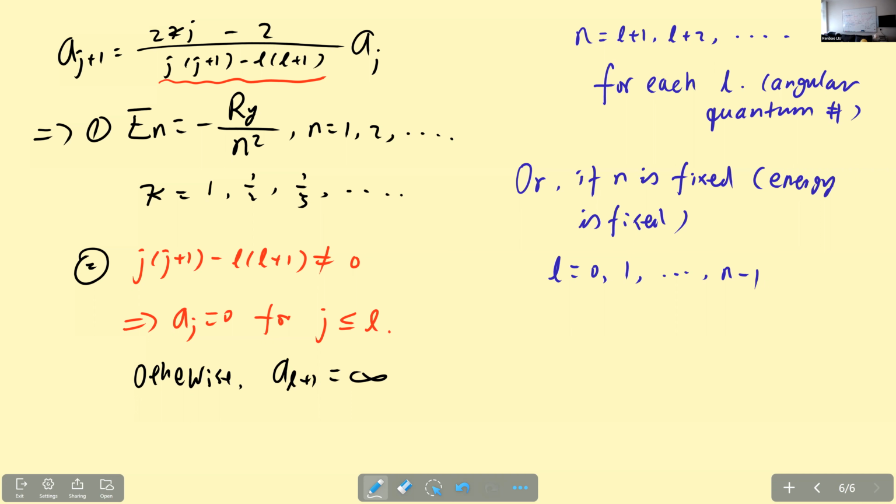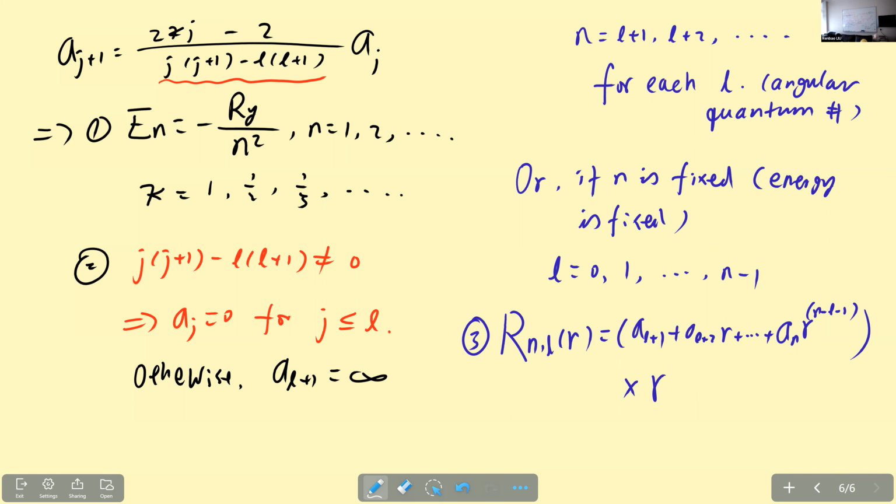And the third point, this wave function can now be written as A_{L+1} plus A_{L+2} times R, until you have A_M times R to the M minus L minus 1, and then times R to the power L times e to the minus R over M. So the wave function is also obtained, and the coefficients are given by this iteration equation.